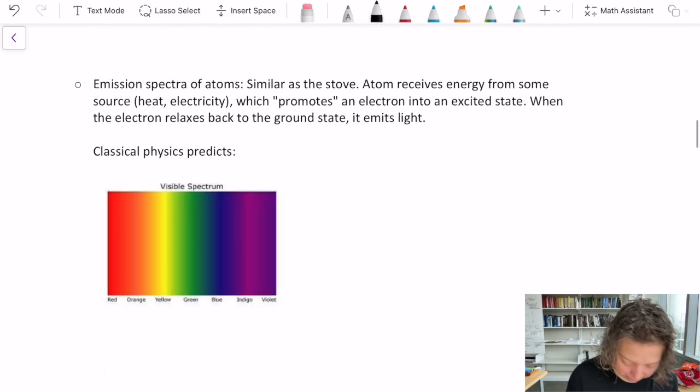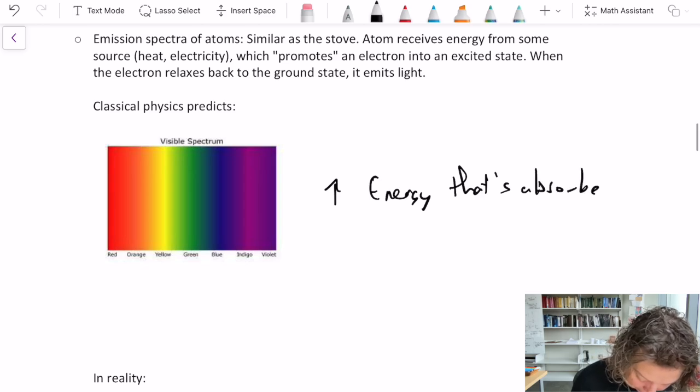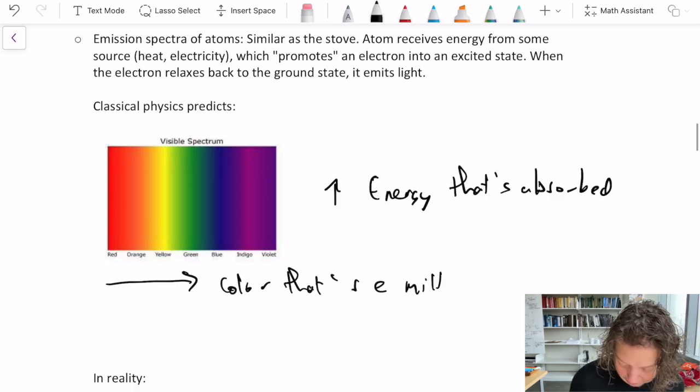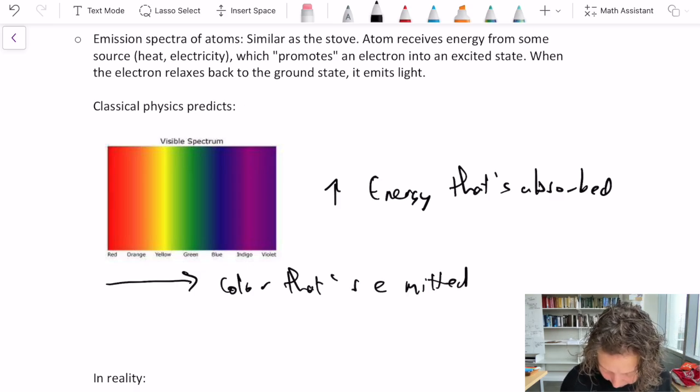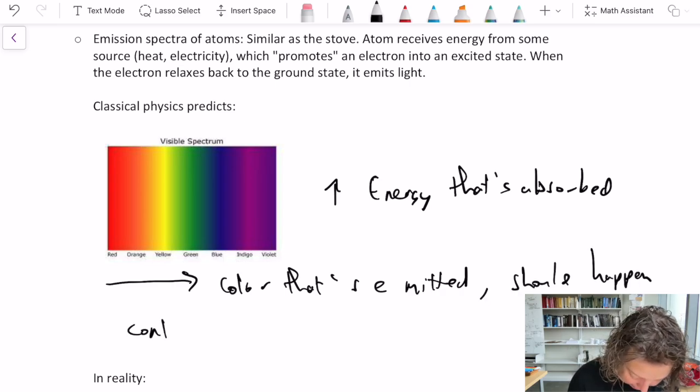That would be the same thing we would say here: as energy goes up, the color that's emitted should span this spectrum, and it should happen continuously.